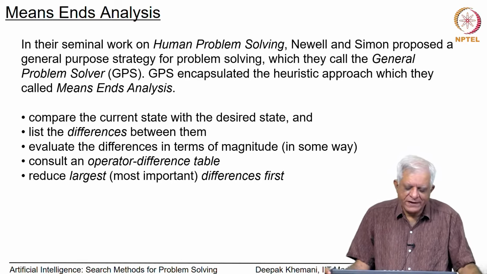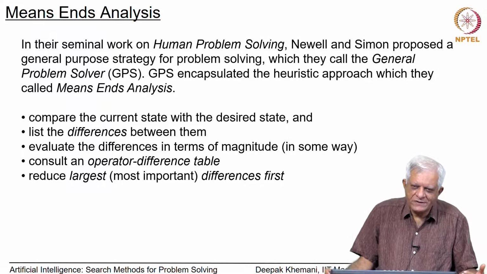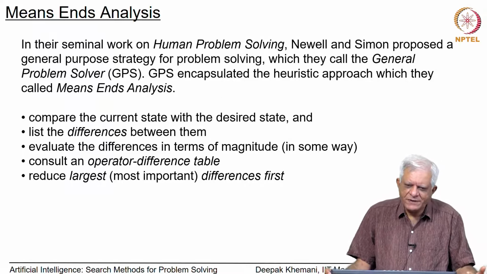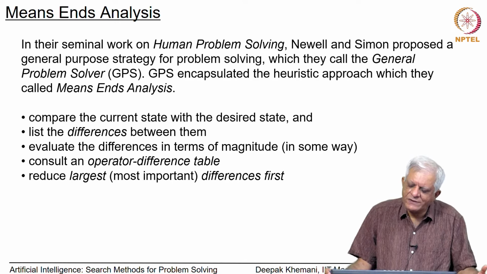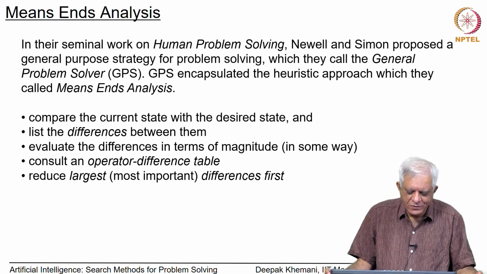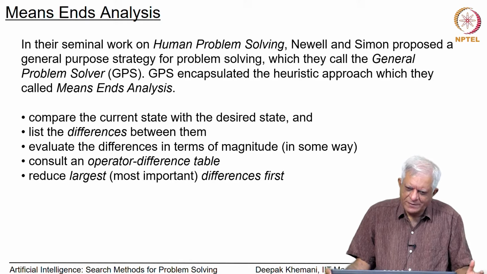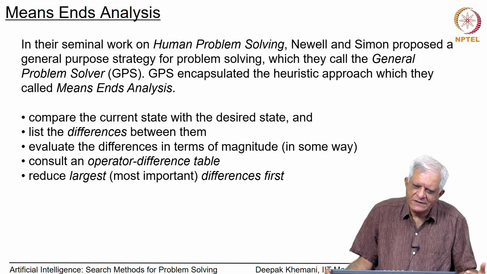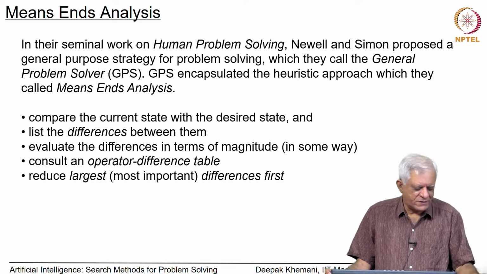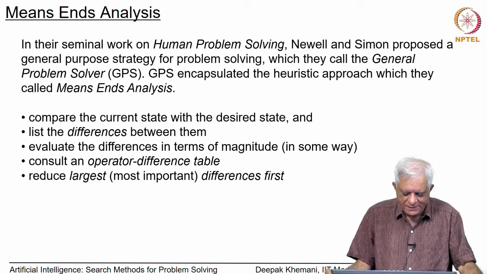And the reason why I am introducing this here is that as human beings we often reason in this fashion. We do not necessarily reason in a forward state space planning or a backward state space planning approach. We often think of the problem as a whole and see what all needs to be done to solve it, and address those differences in the order of importance, or the order of magnitude, if you want to call that.